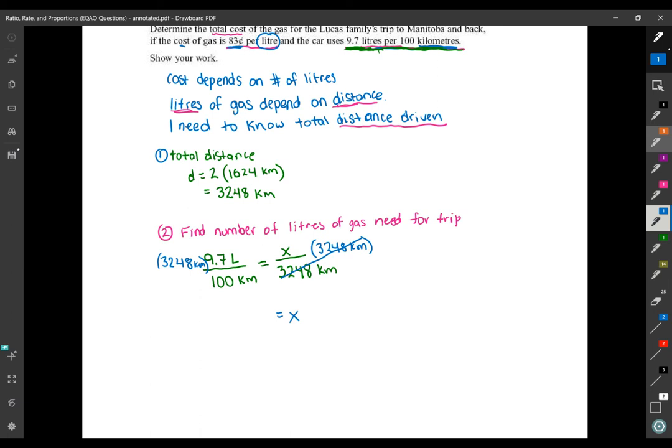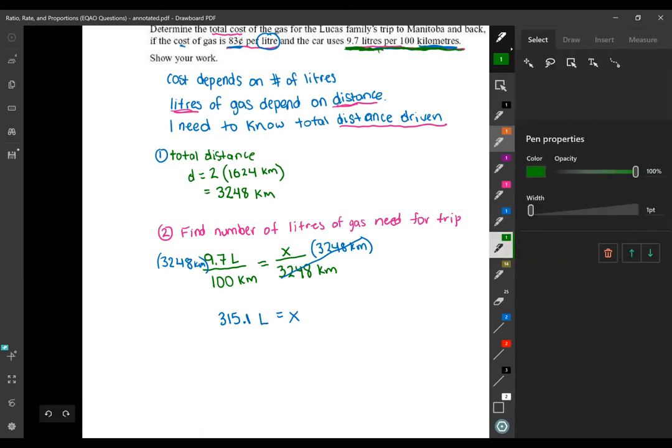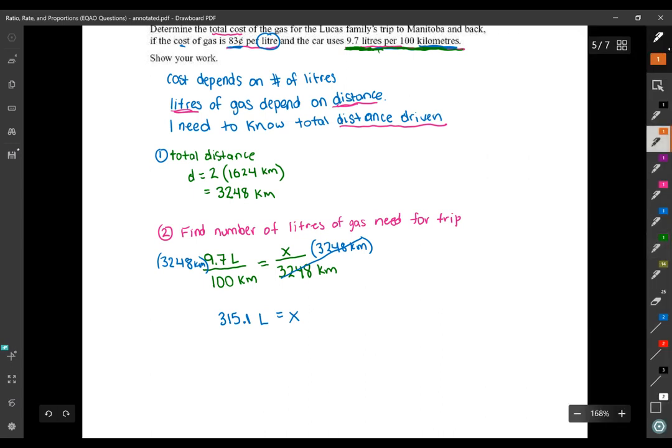We're trying to isolate x. So 3,248 times 9.7 divided by 100 is equal to 315.1 liters. Okay. Now I'm ready to move on to my last step.